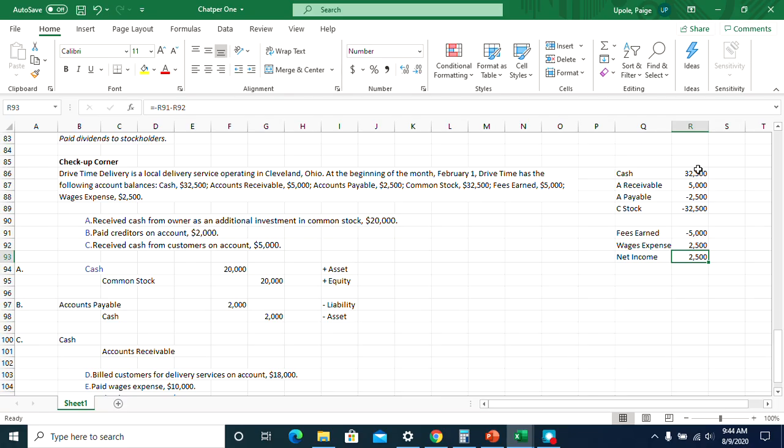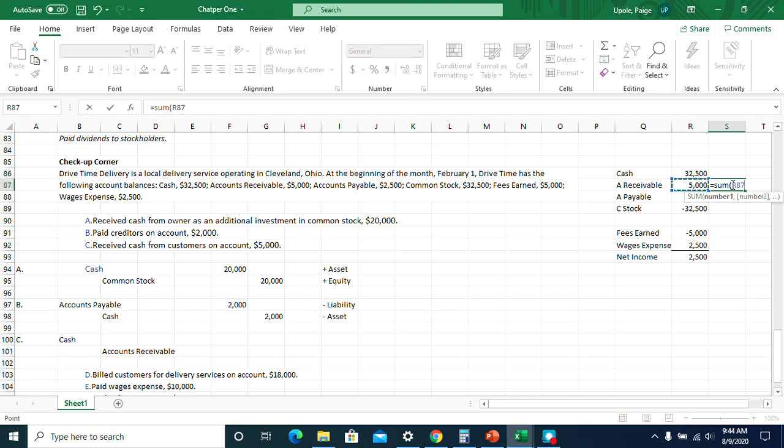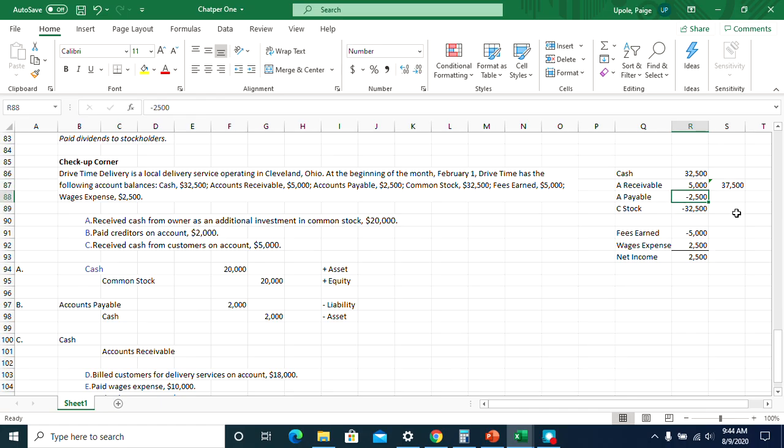We had cash and accounts receivable of $37,500. So these are our assets. Remember, our assets always need to equal our liabilities plus our equity. So our liabilities here are $2,500. Our common stock is $32,500, and then we have net income of $2,500.